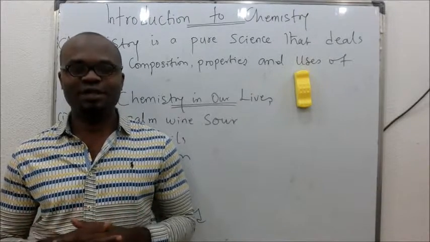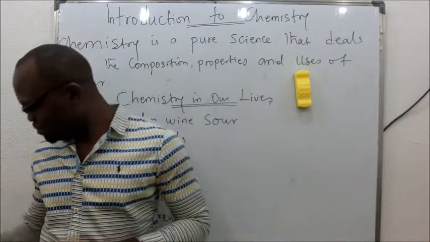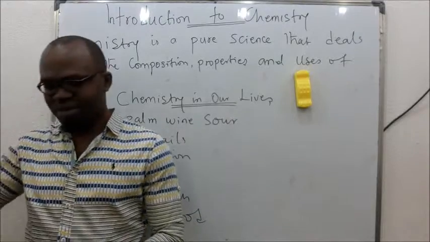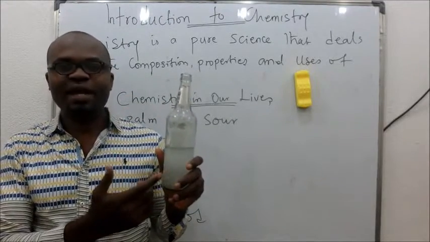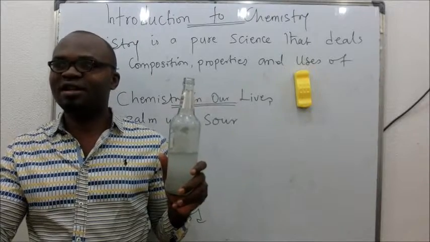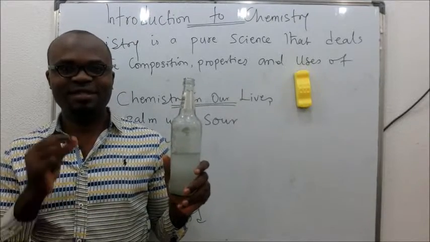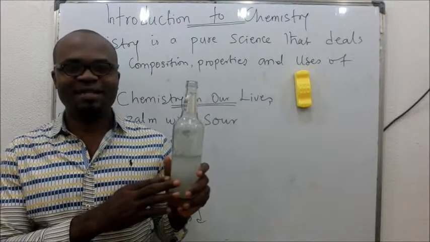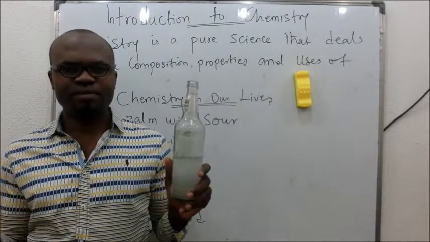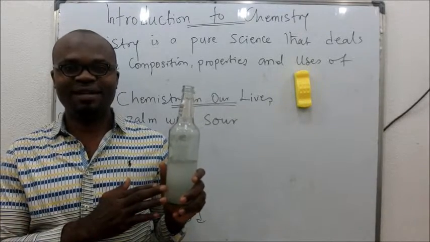So why do we study chemistry? You have a palm wine. When the palm wine is freshly gotten from the palm tree, it tastes very sweet, but after some time, it sours. So what makes the palm wine sour?